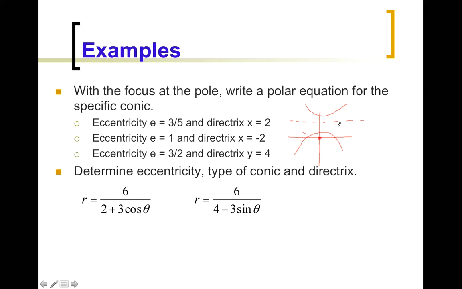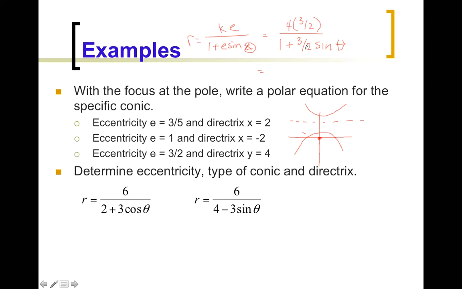So we've got r equals ke over 1 plus e sine theta. K in this case is 4, e is 3/2, over 1 plus 3/2 sine theta.